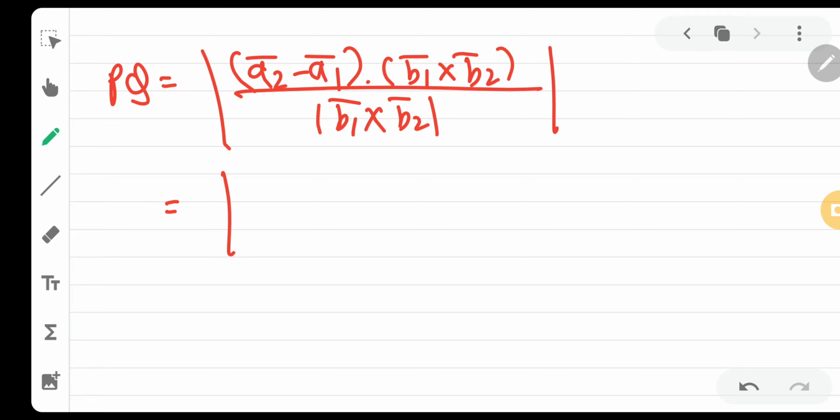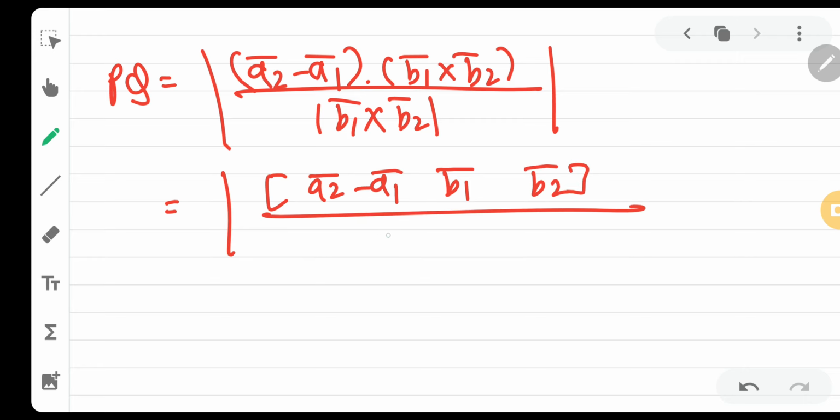But if you observe carefully, the inside is a scalar triple product. So I can write that down as [a2 bar minus a1 bar, b1 bar, b2 bar]. This is a scalar triple product or a box product, and magnitude of b1 bar cross b2 bar, something like this. Now all I need to find out is the scalar triple product.